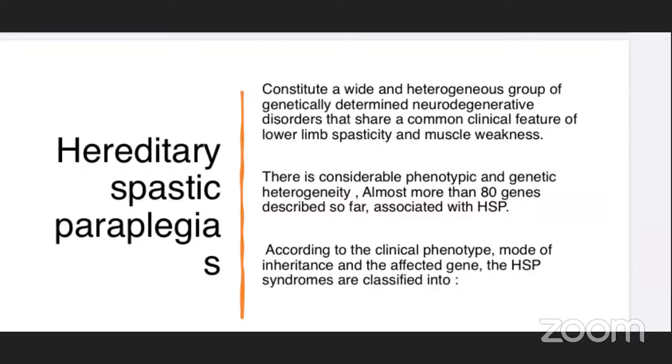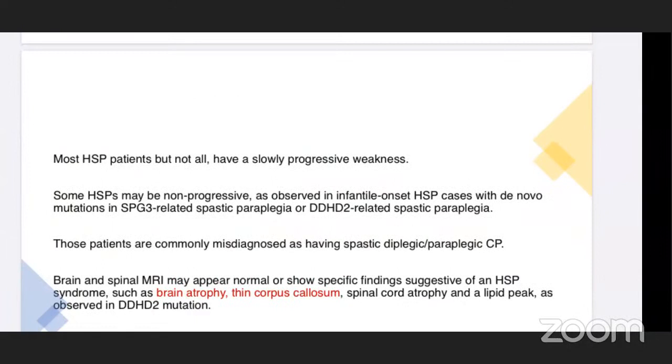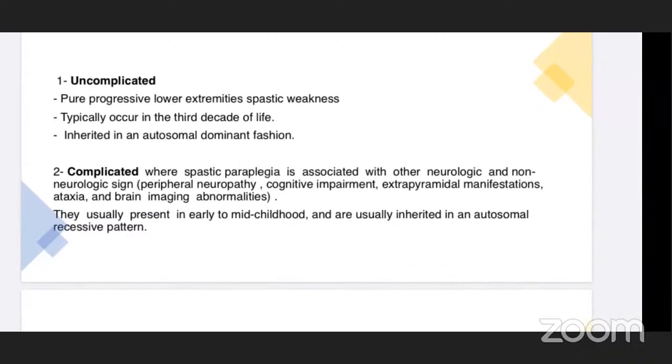According to the clinical phenotype, mode of inheritance, and the affected gene, the HSP syndromes are classified into the uncomplicated type and the complicated type. For the uncomplicated type, the patient would present with purely progressive lower extremity spastic weakness, typically occurring in the 3rd decade of life, as in the example we mentioned in the previous slides, and it is inherited in an autosomal dominant fashion.